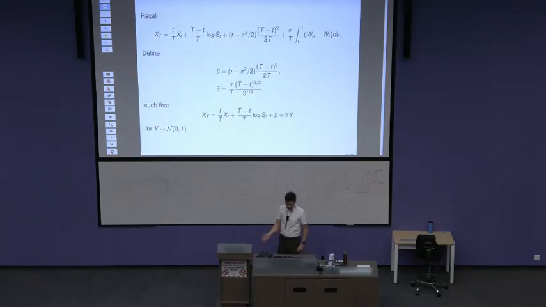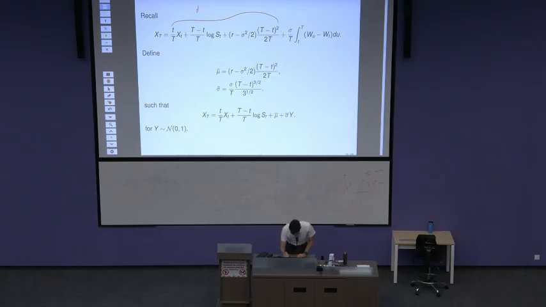Okay, so we're coming back to our original problem. So we wanted to compute the distribution of xt. So all of this, the first part, is deterministic. This can be considered as some kind of drift we have here, right?